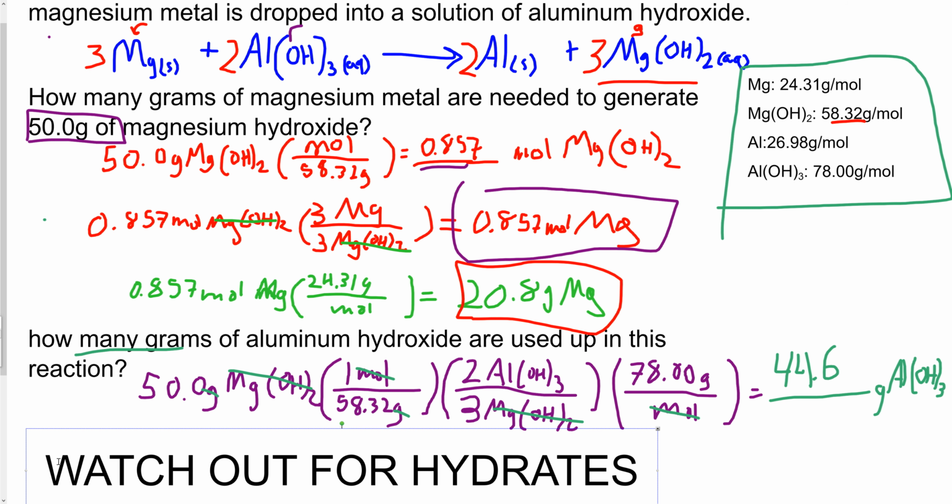So you need to be careful when you're using molar masses that you get online. Make sure if you're looking up aluminum hydroxide, it's the same formula that you have in the question. If it's like AlOH3.6H2O, that's aluminum hydroxide hexahydrate. That's not the right chemical, so be careful.